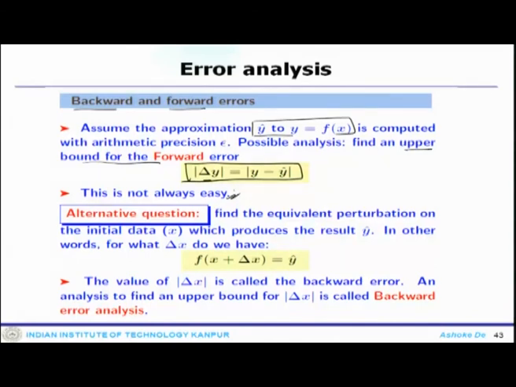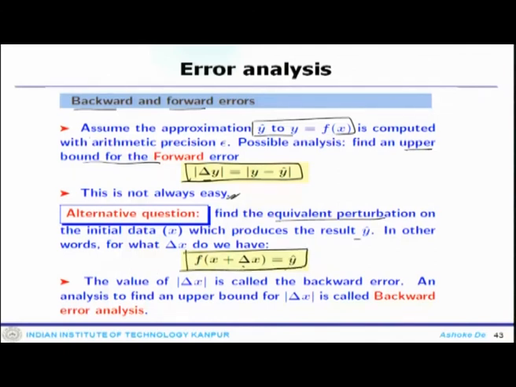Alternatively, one can find some equivalent perturbation on the original or initial data, which produces the result y hat. In other words, I can write f of x plus delta x, which will lead to my y hat.